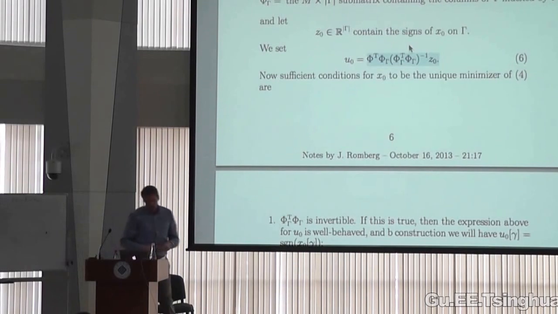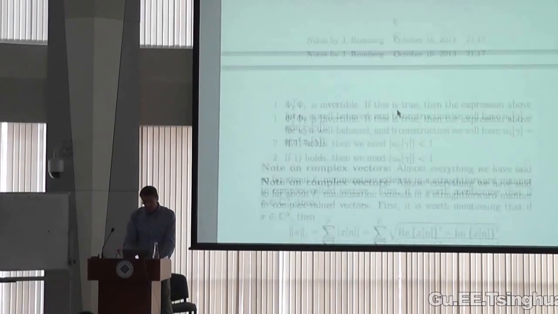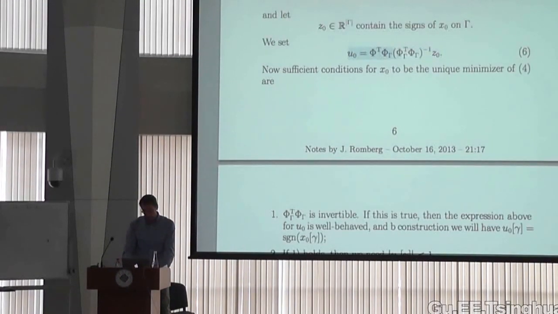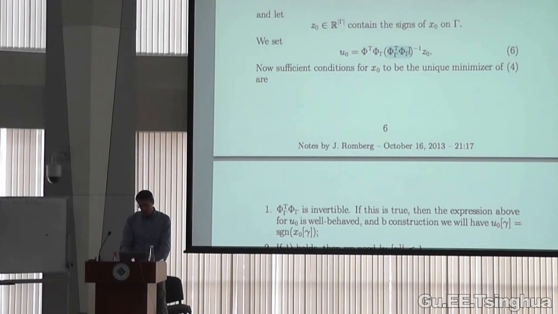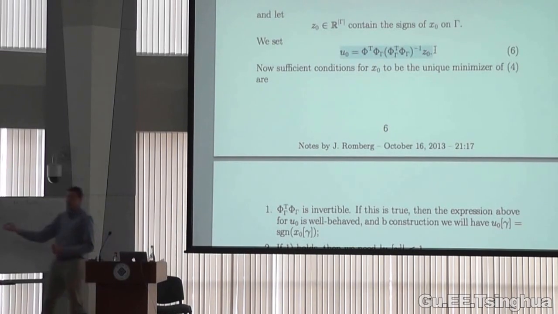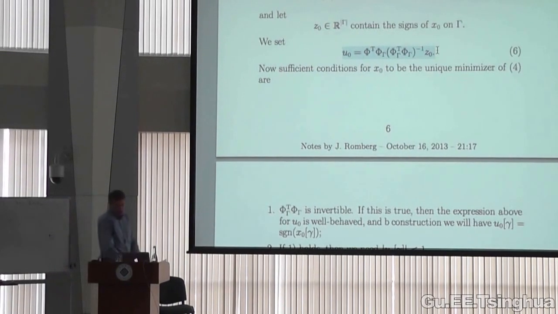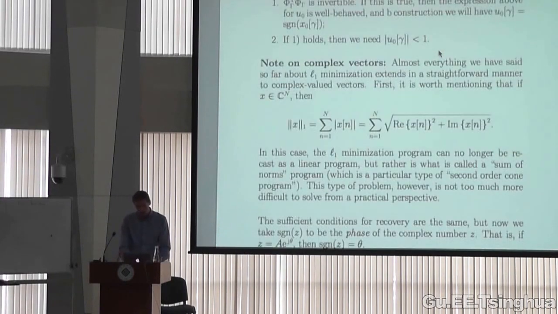You can say, if phi gamma is full column rank, and when I construct this vector it's less than 1 everywhere off the support, then the answer is yes. So it's a sufficient condition for being able to recover these things.